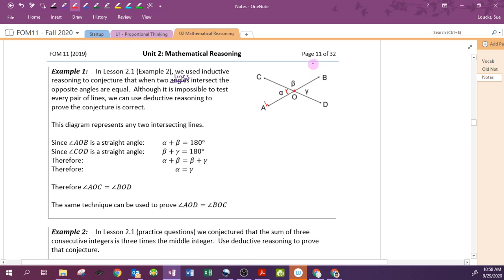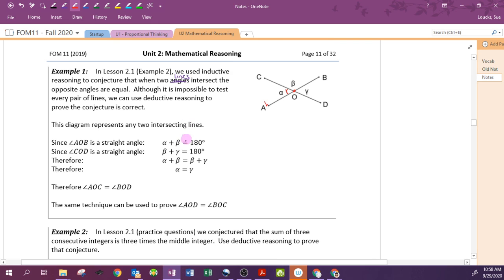Since AOB is a straight angle, I know that this angle, which is alpha, plus this angle beta equals 180 degrees because straight lines add up to 180 degrees. That's something that I already know. Since COD is a straight angle, I know that beta plus gamma equals 180 degrees.